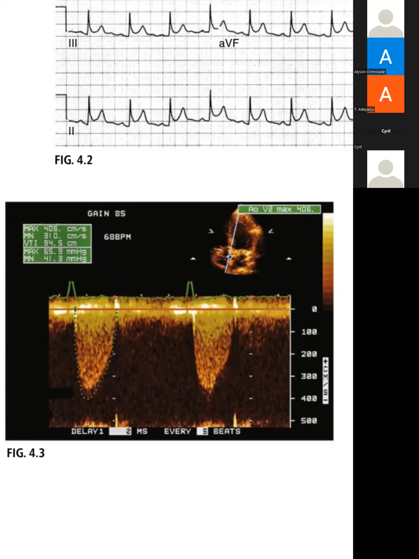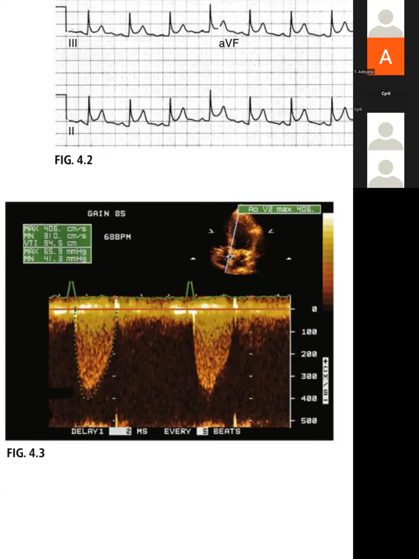Oh, this is the velocity. So for the fact that this jet is below the line, it means that it's a regurgitant jet. So we have a mitral regurgitation.